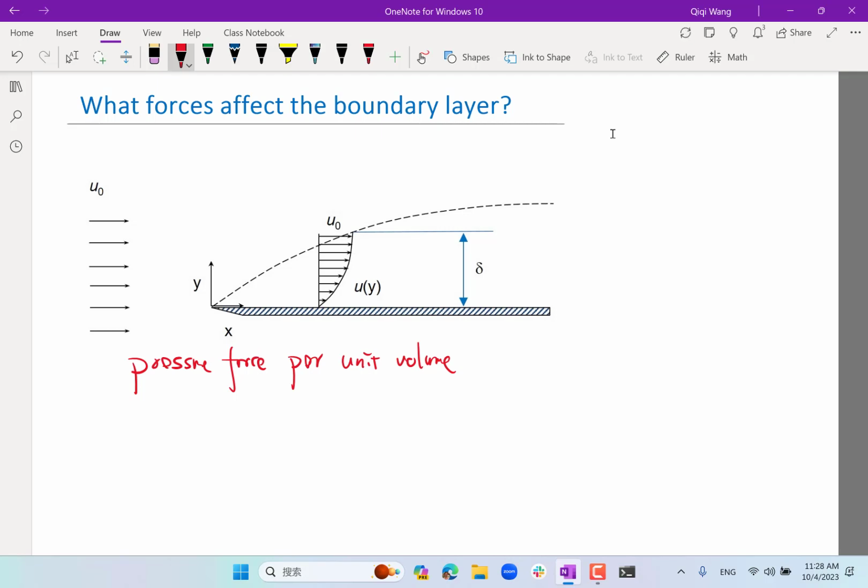I think we derived that by considering a box of fluid. Let's say on the left hand side is high pressure, and on the right hand side is low pressure, the surface area is S, and the distance between the high pressure and low pressure regions is D. So what is the total amount of pressure force on this volume?